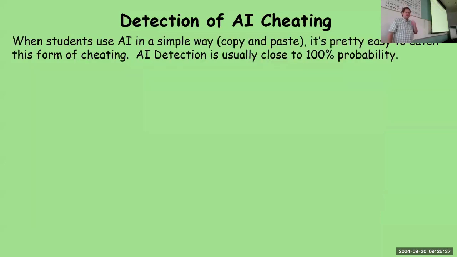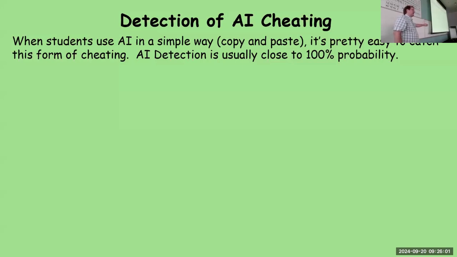So when students use AI in a simple way, like the ones I've showed you, where they just give the AI the prompt and copy and paste what the AI says, this form of cheating is pretty easy to detect. I would argue in most cases, when students use AI in this simple way, they get scored close to 100% probability.